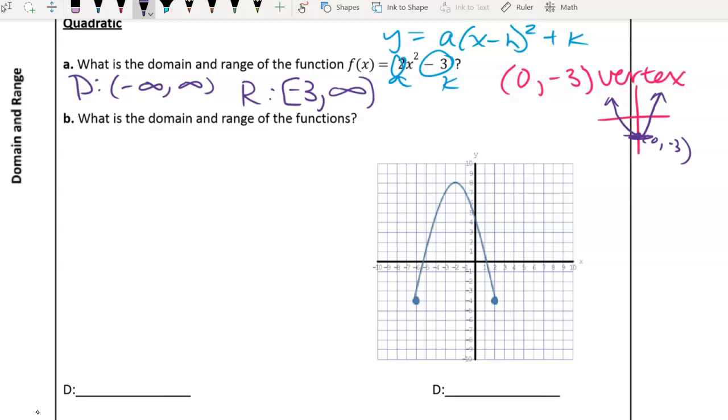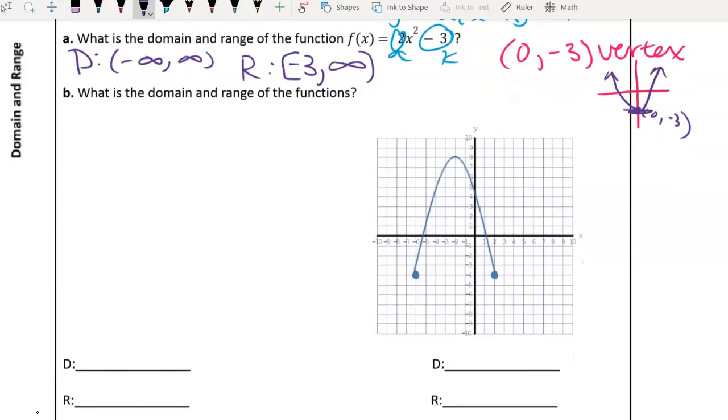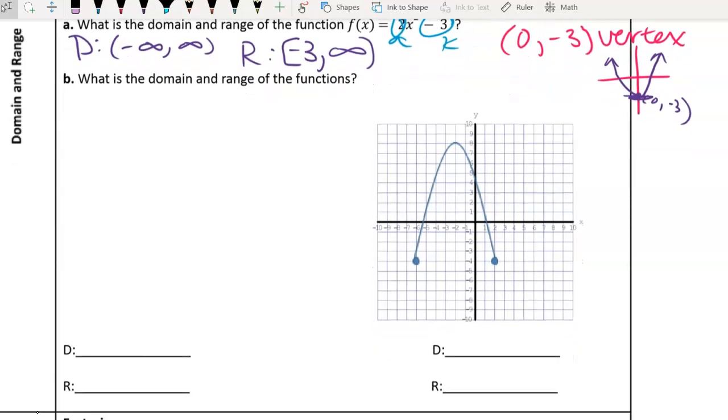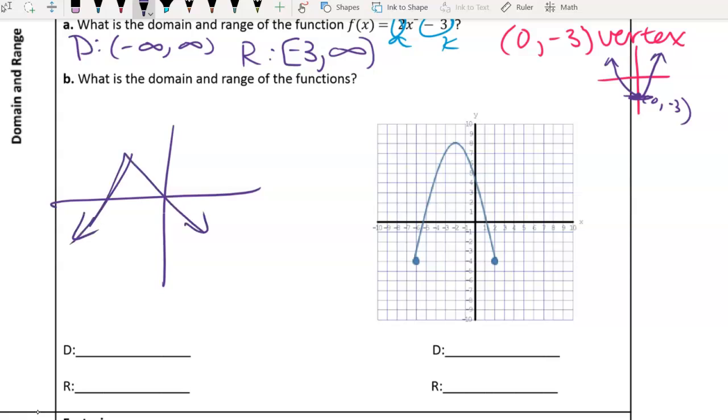Okay. Next it says, what is the domain and range of this function down here? So looking at the graph, remember domain, for some reason I'm missing the graph here. Do y'all have the absolute value graph on your copy? No, it's not there? Okay, sorry, it's not there, but it was a graph, something like this, absolute value.